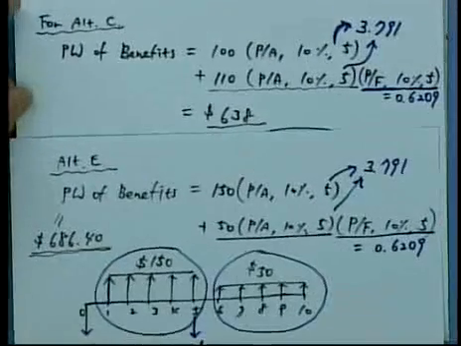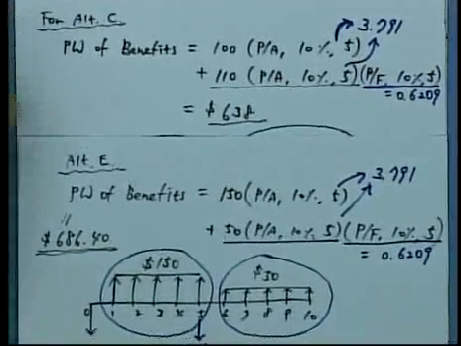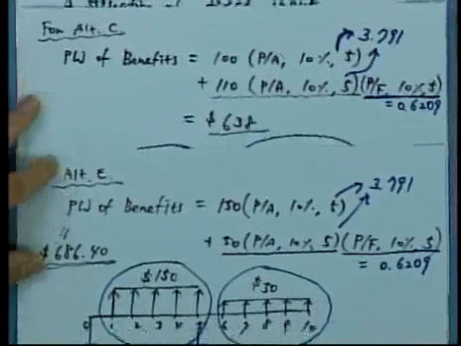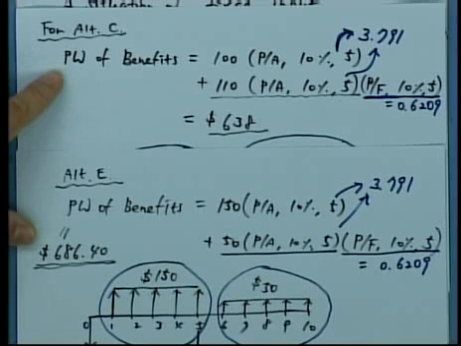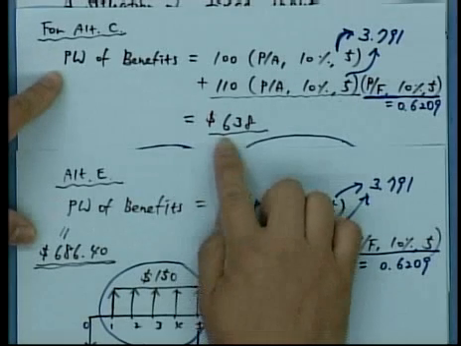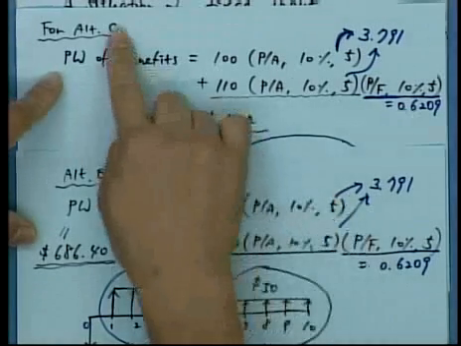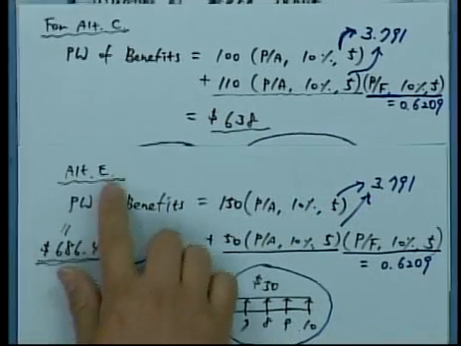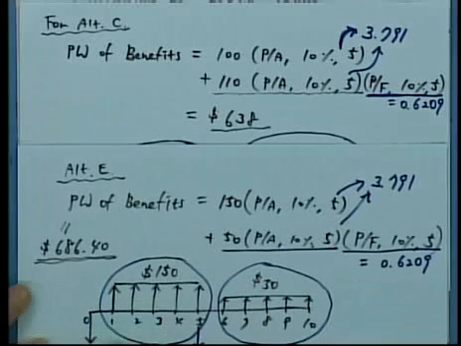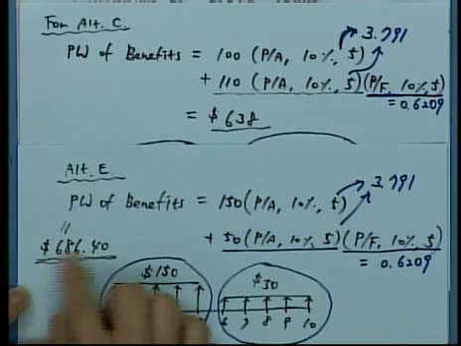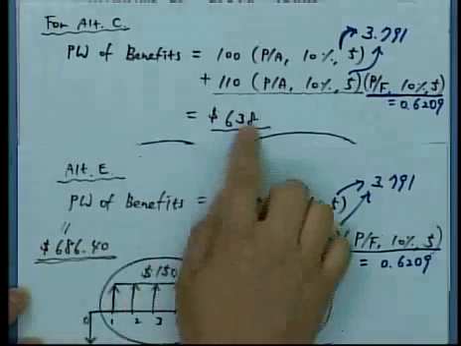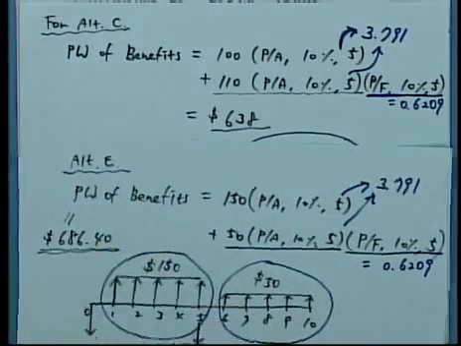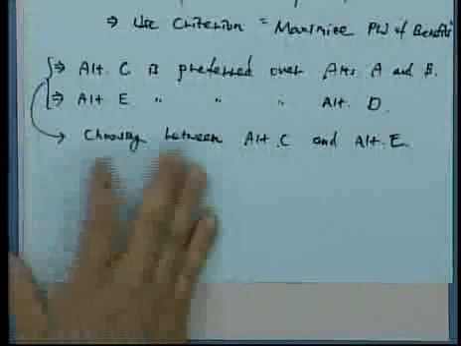So we need to choose between alternative C and E by comparing the present worth of benefits of $638 for alternative C and $686.40 for alternative E. Obviously, since this number is larger, we're going to choose alternative E, okay, to maximize your benefit.